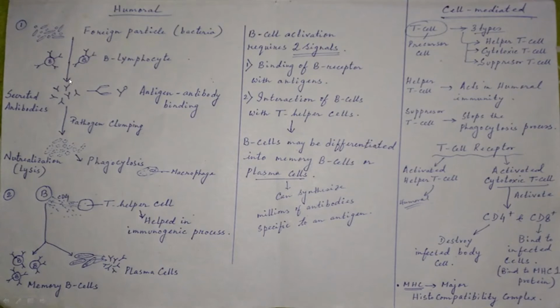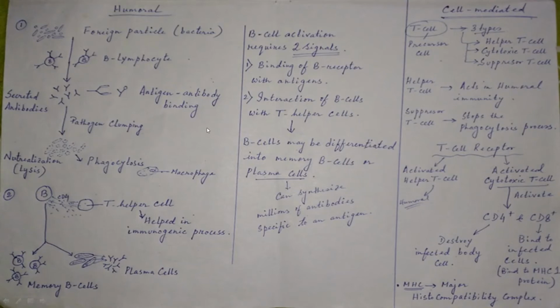From B cells these antibodies are secreted. That means from these B receptors the antigen binding takes place, and then phagocytosis or cell lysis occurs. That is the killing of the pathogen through the process of phagocytosis.